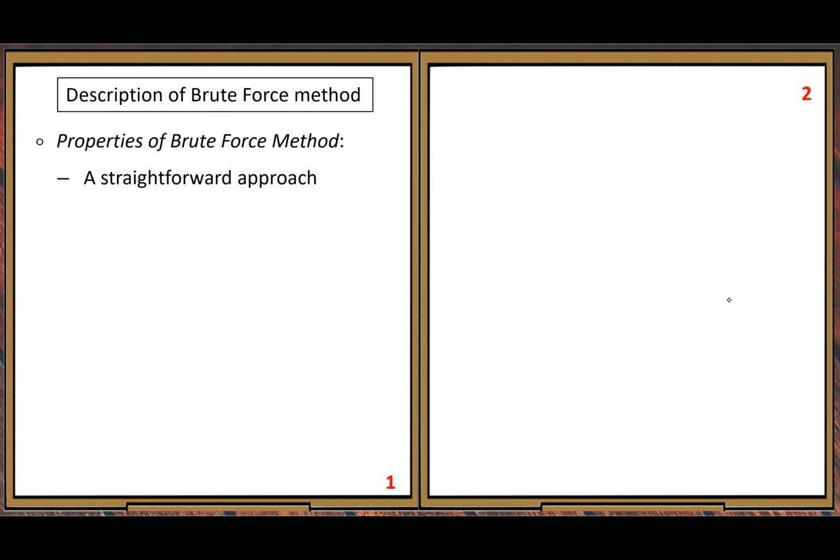Properties, the first one, it's a straightforward approach. Here we're talking about a computing problem. You solve a computing problem without using any special techniques. Now, if you use some special techniques, then people may not treat it as brute force.